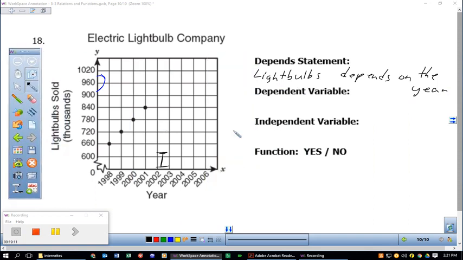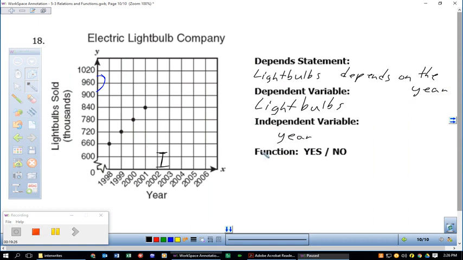Our dependent is light bulbs, and the independent is the year. The only question is, is it a function? Can we cross this twice with a vertical line? Not here, not here, not here. We only hit it once everywhere, so this one is in fact a function because every year has one amount of light bulbs sold.